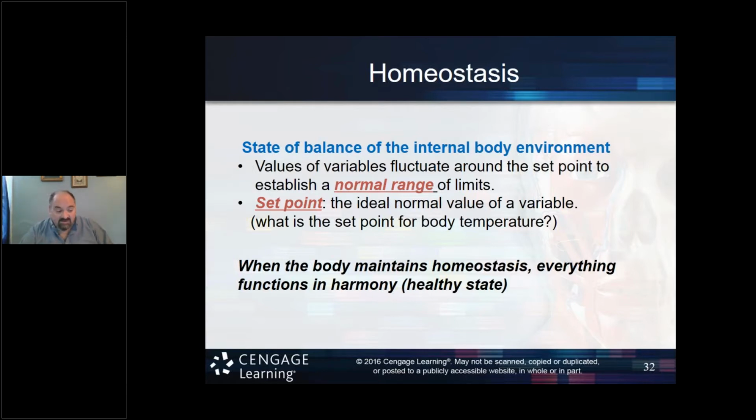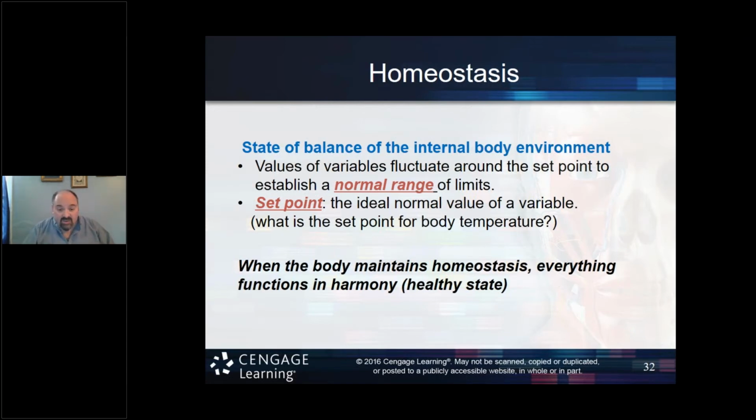That could be that there's some type of disease process going on, some type of infection, whatever it may be. There's something going on that's not working right. And so what it says here, when the body maintains homeostasis, everything functions in harmony, there's a healthy state. So when the body is able to keep within that normal range, we're healthy. Above or below, that's not good.